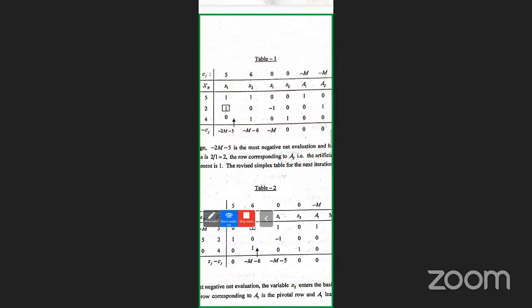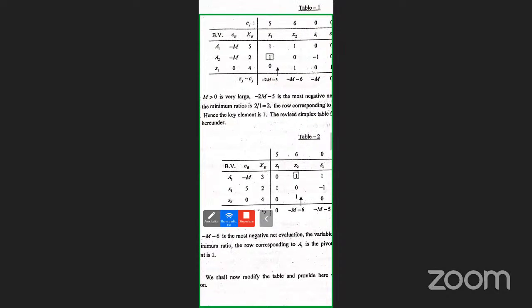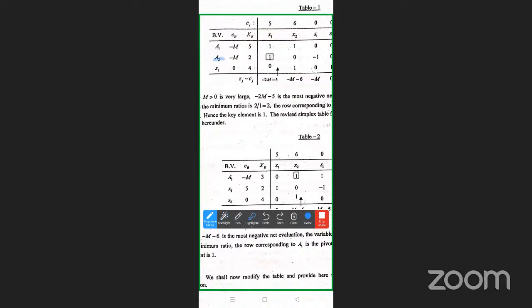In the second table, table 2, A1 is the same, but in place of A2, which is eliminated, we write X1, and then X2, S2.